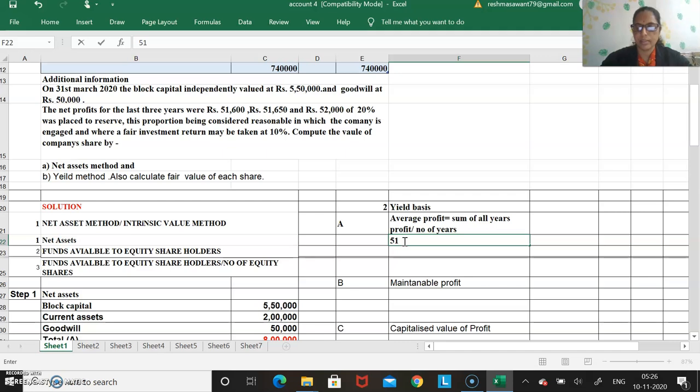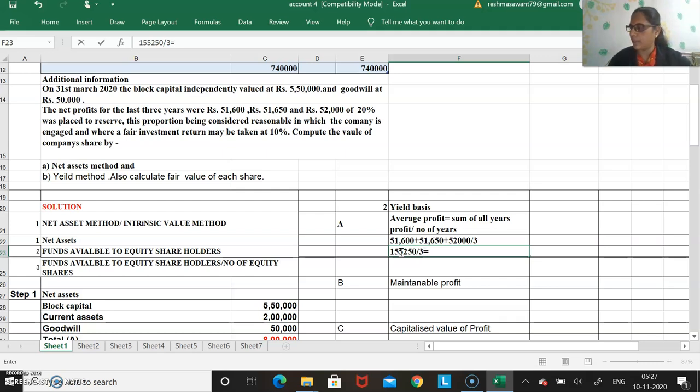51,600 plus 51,650 plus 52,000, divided by number of years, that's 3 years. Total 1,55,250 divided by 3 years.